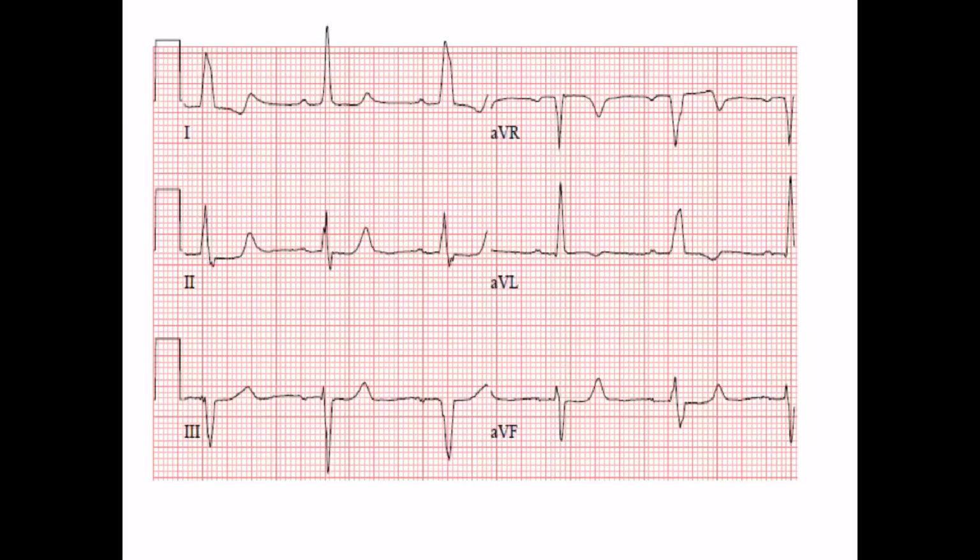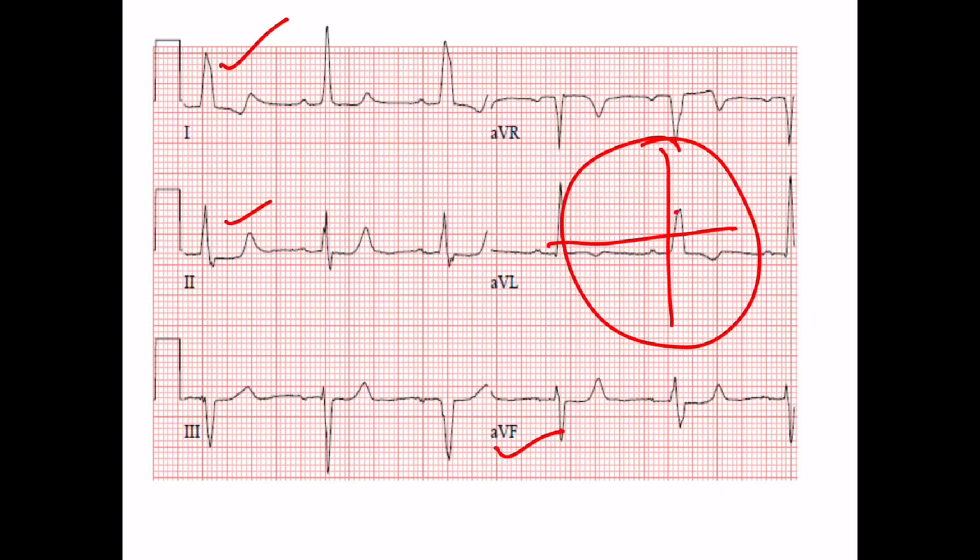In this ECG, lead 1 is positive, lead AVF is negative, so the direction of the quadrant is this.